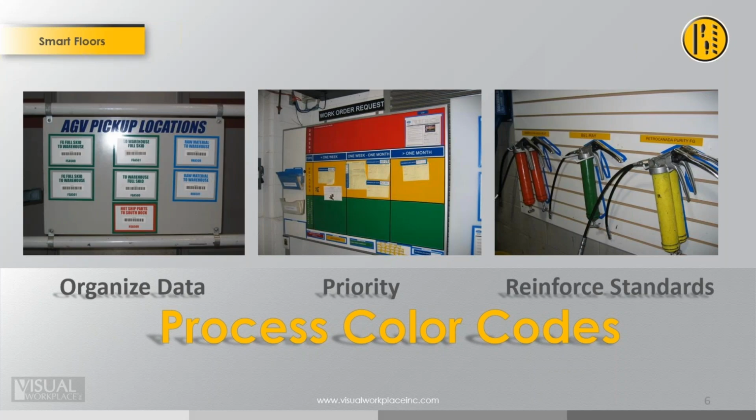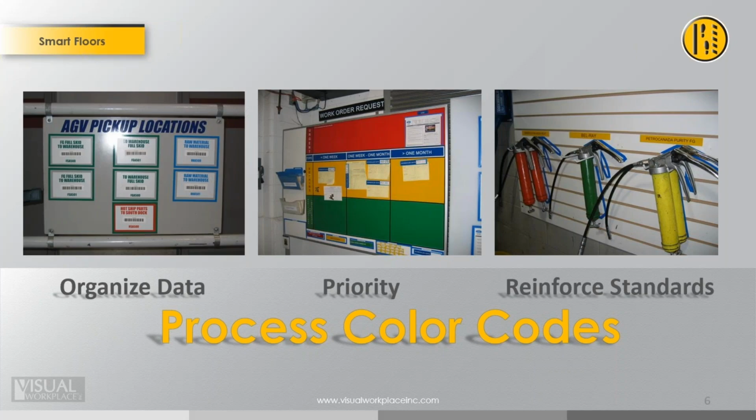What they've done here is use color to help establish priority. We're not changing the work order system, but we're organizing data and helping to communicate priorities for each one of these. Ultimately, we want to eliminate waste in all the non-value-added work that happens in our daily lives, and we can do this by associating color with some of our processes.